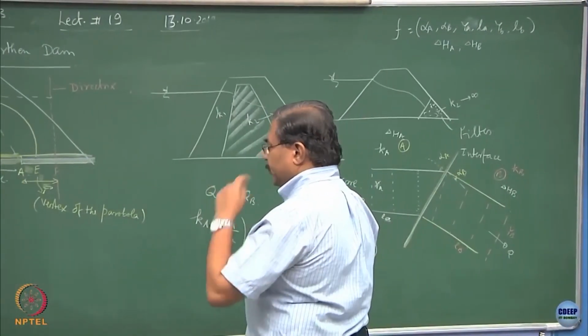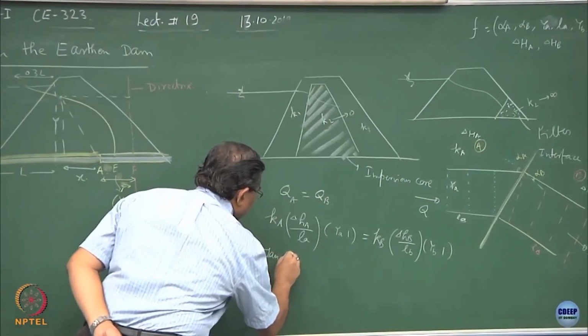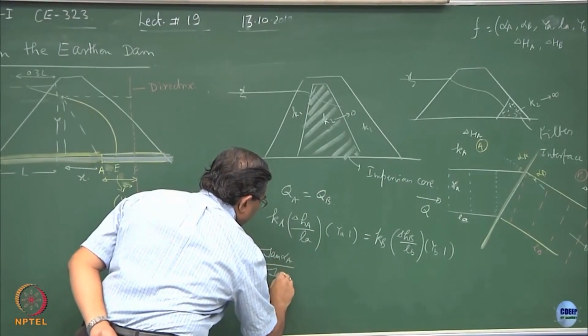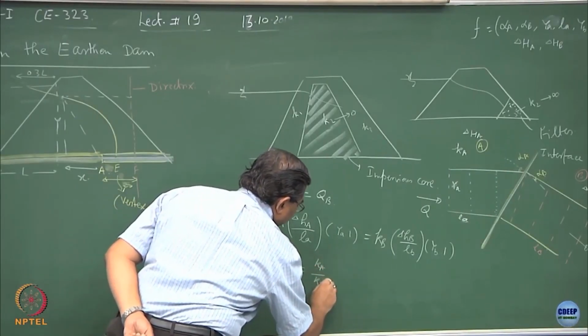Try to solve this expression and I hope you will realize that what you will be getting is tan alpha A upon tan alpha B equal to Ka upon Kb.